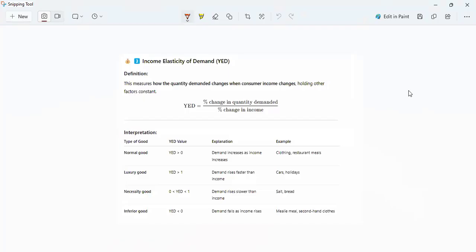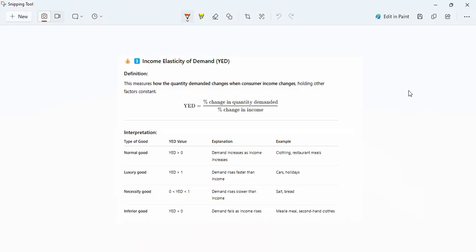If your income elasticity is greater than zero, a positive, it means that as your income increases, your demand also increases. So this goes for clothing, restaurants, and meals. But if your elasticity is positive and greater than one, it means that is a luxurious good. So it means your demand rises faster than the income.